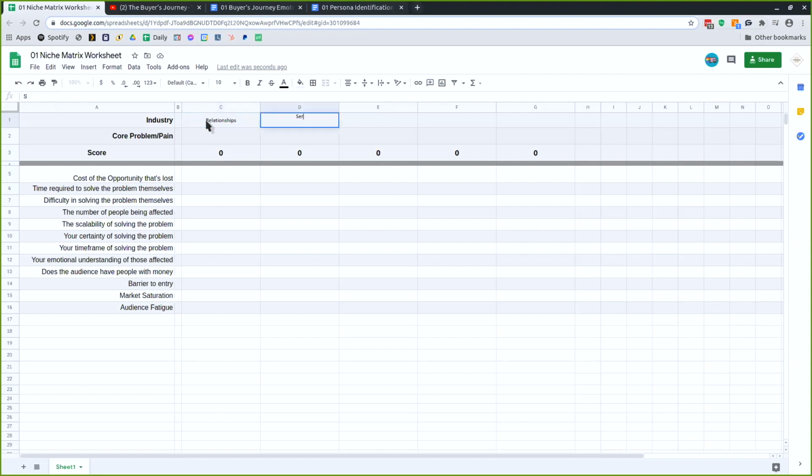If you wanted to focus on service professionals for marketing, or some enterprise clients, whatever, that's not very important. The second thing is the most important, and that is the core problem or pain that they're experiencing. This is how you should be focusing on your niche, by their pain.